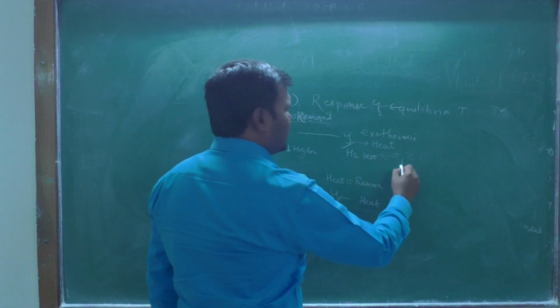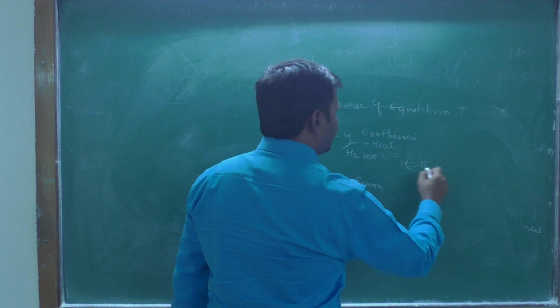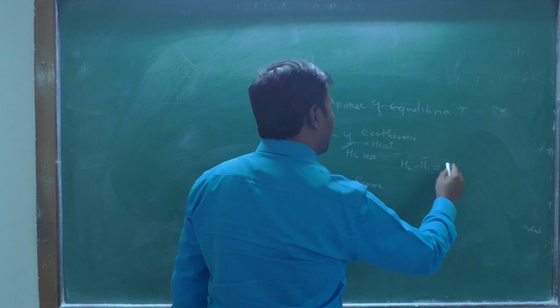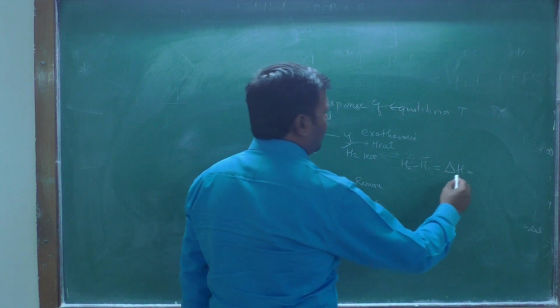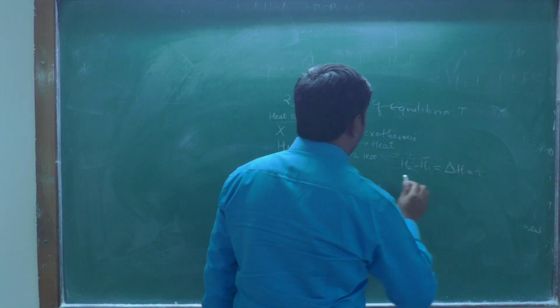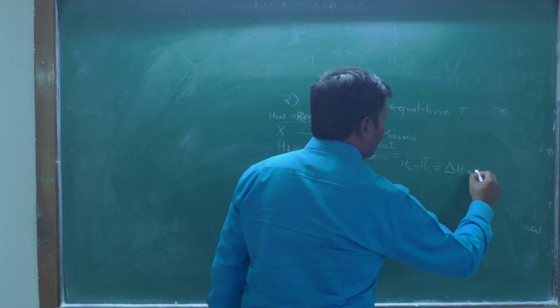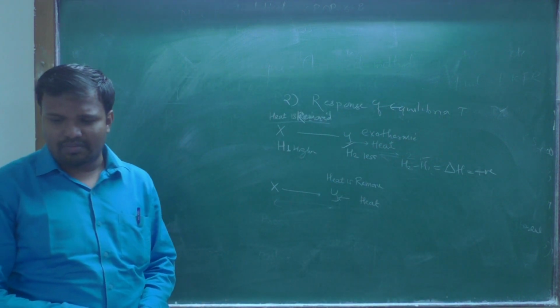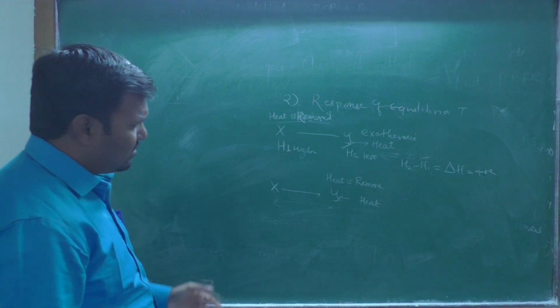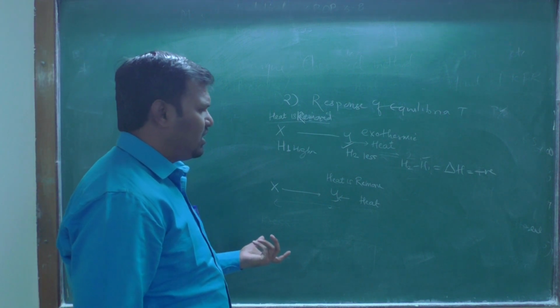So H2 minus H1 is less minus higher, and delta H is negative for an exothermic reaction.